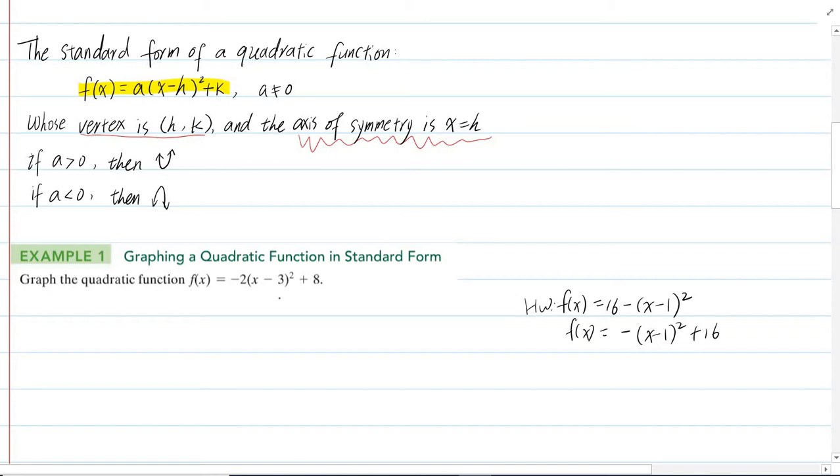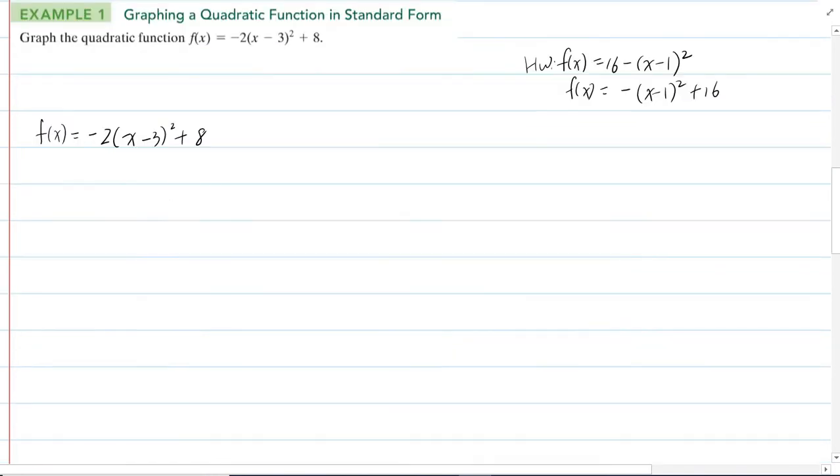Okay, let's go ahead and take a look at graphing this: f of x equals negative 2(x minus 3) squared plus 8. Step 1 is to find our a, h, and k. Remember the standard form. Let me rewrite this again.